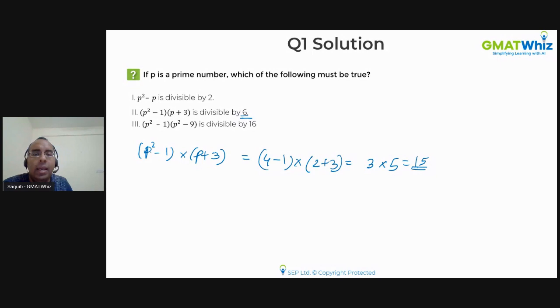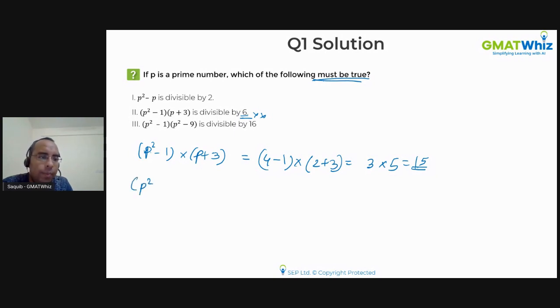You can simply say, hey, this is not working for even numbers because I'm looking for must be true. If it fails for one, I don't care whether it works for the other or not. Because as I told you, when they say must be true, it must work for all the prime numbers. And it's not working, so you'll say this is not sufficient, and this is not true.